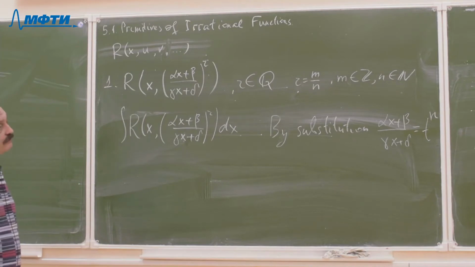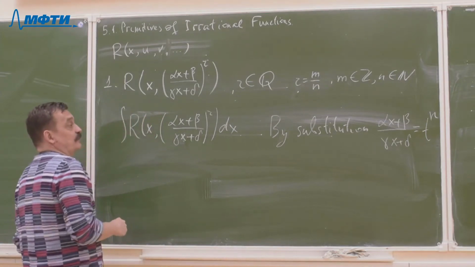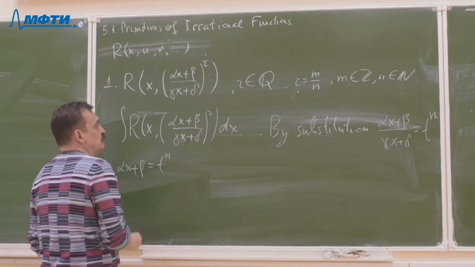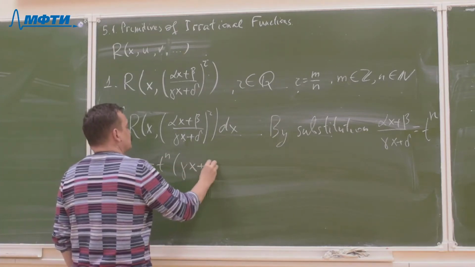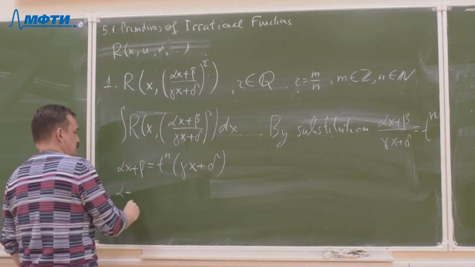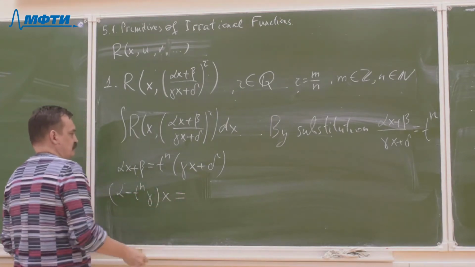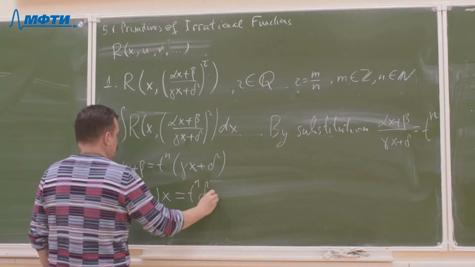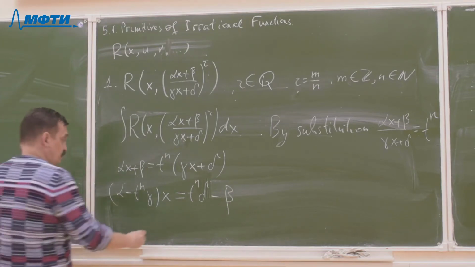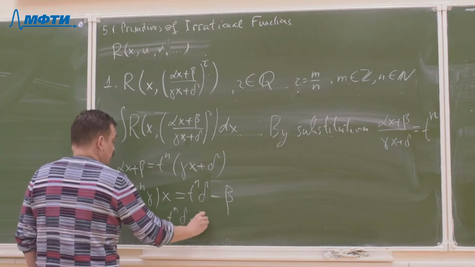How can it help? Look, what is x? Let's express x from this expression. Alpha x plus beta equals t to the power n times (gamma x plus delta). Then we can collect all terms with x in the left hand side, all terms without x in the right hand side, and after that we obtain a relatively simple expression for x.